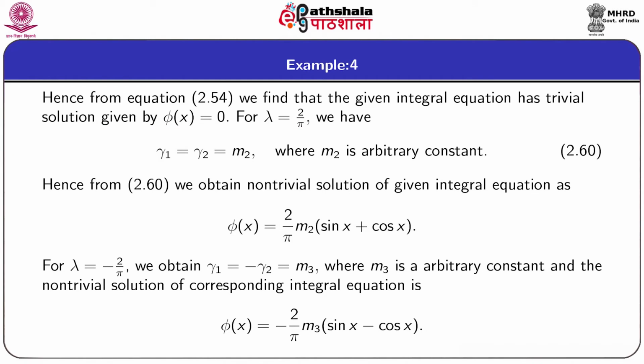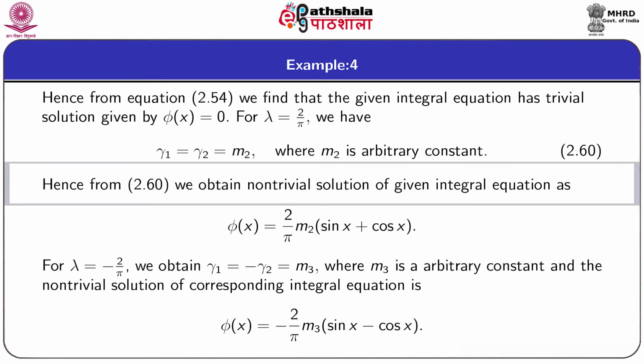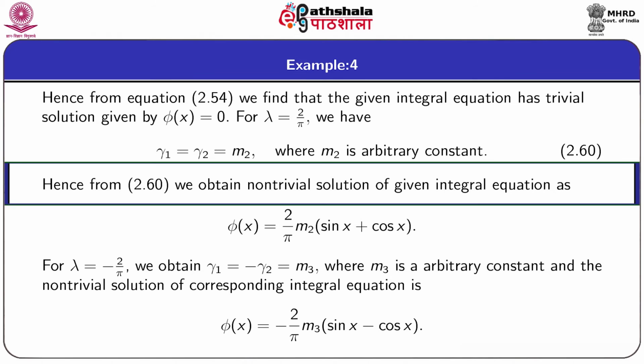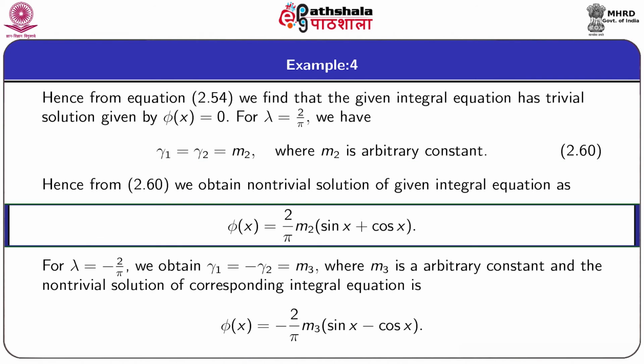Hence, if I substitute gamma 1, gamma 2 equal to m2 in equation 2.54 in place of gamma 1 and gamma 2, we obtain the non-trivial solution of the given integral equation in this form. Here m2 is an arbitrary constant.